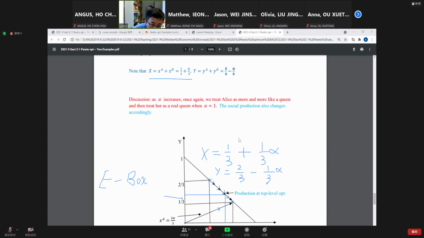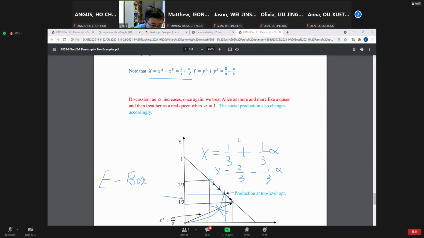So here, at this point, this is the Pareto set. And at this point, what happened? The two persons, Alice and Bob, share the same marginal rate of substitution. This is for Alice, and another one for Bob. Let's be very careful.